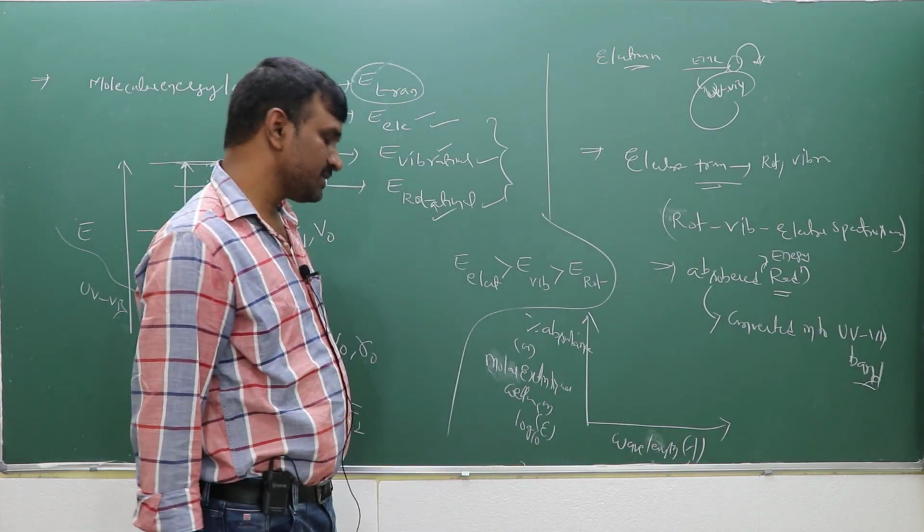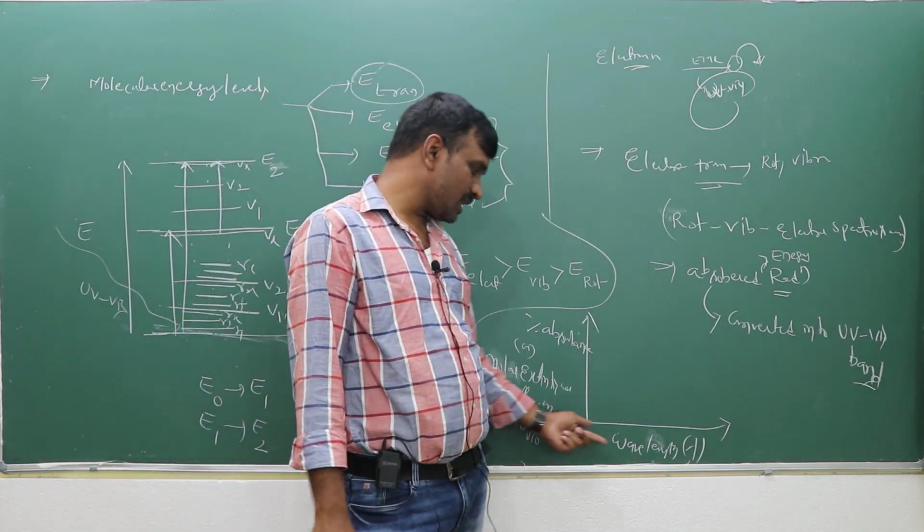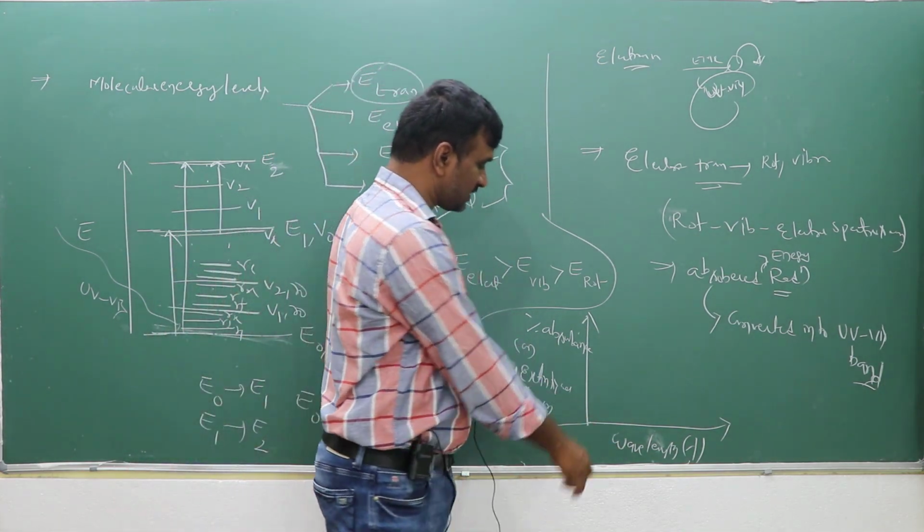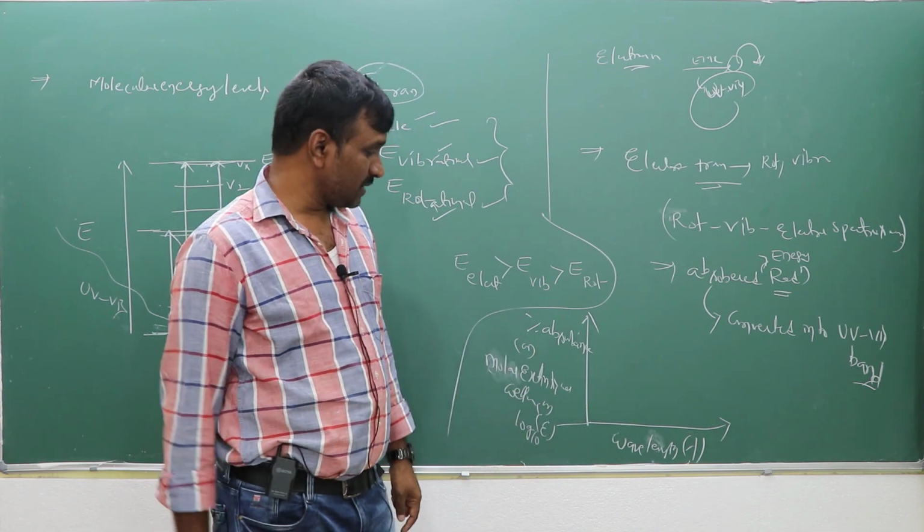So molar extinction coefficient or percentage of absorbance or epsilon versus wavelength of the radiation is considered the UV visible spectrum.